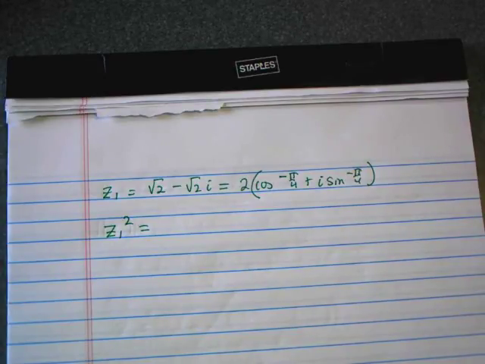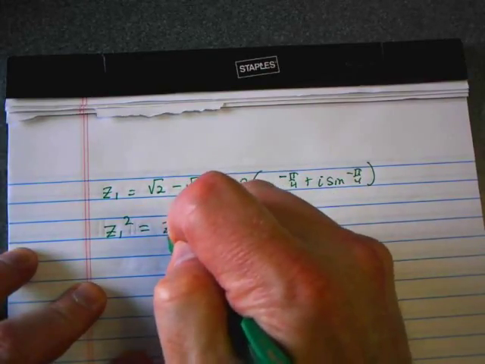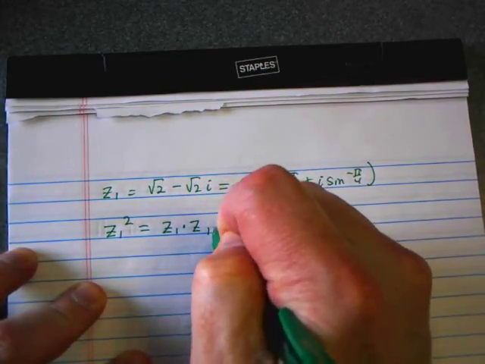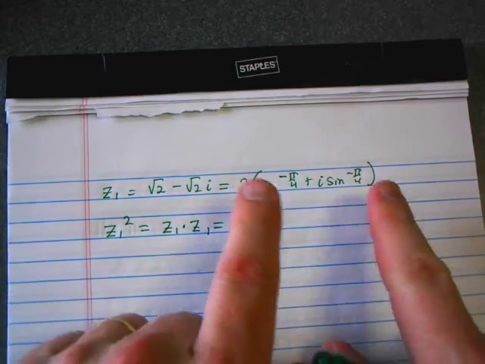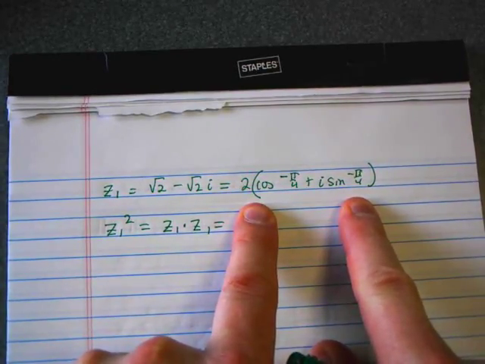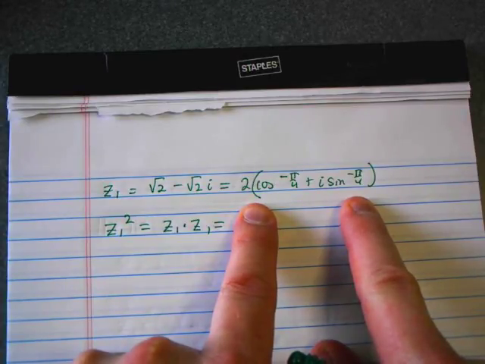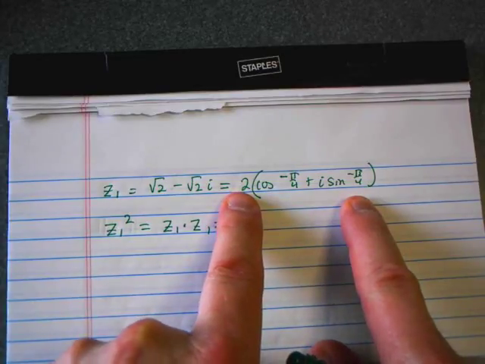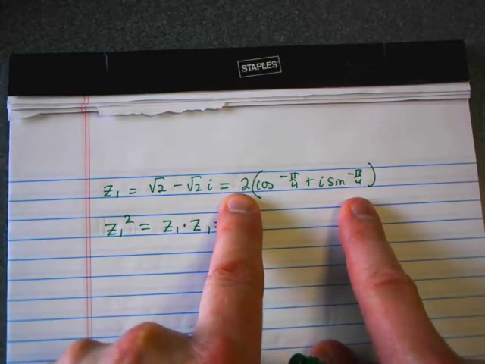Well, what does squaring mean to do? Multiply it by itself. So that would be Z1 times Z1. So how do I take this and multiply it by itself? Well, I take the number up front and I multiply it by itself.